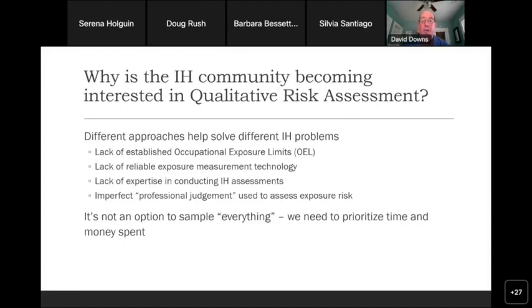It's not economically effective, and we need to prioritize our time and the money spent as we go through our processes to figure out what are the most important potential exposures that we need to sample, and focus our time and energy and quite frankly our financial resources on those things that have the highest risk of being an overexposure situation. So there's a number of different reasons why we may utilize qualitative risk assessments to help us get down that road a little bit further.